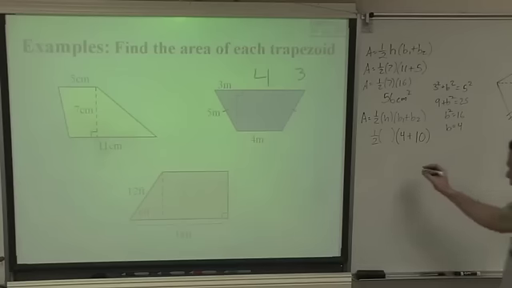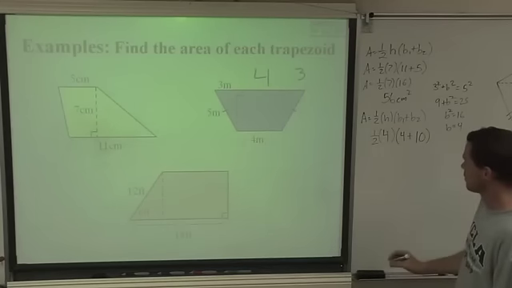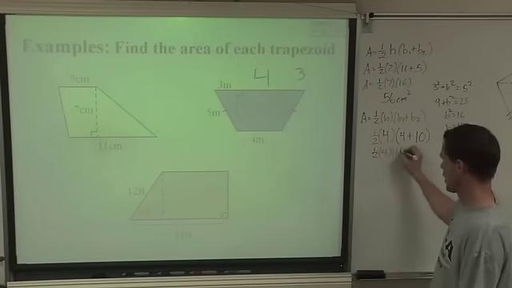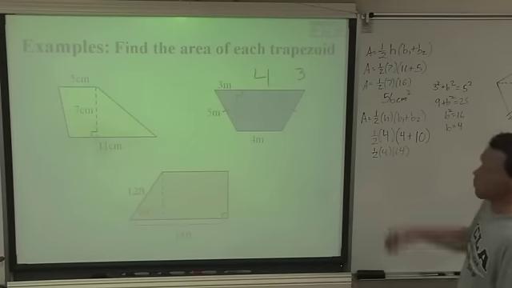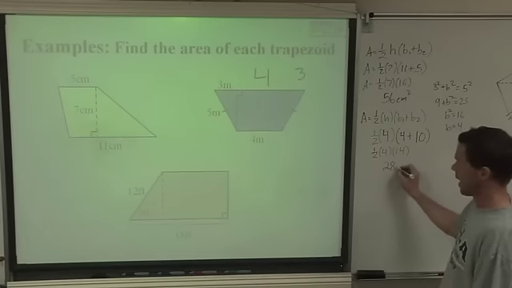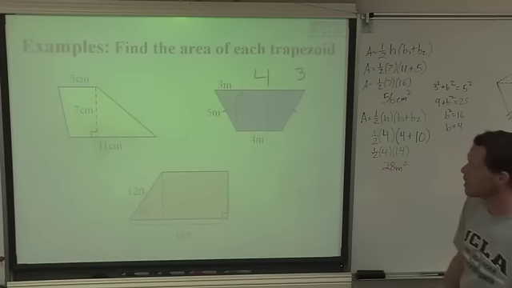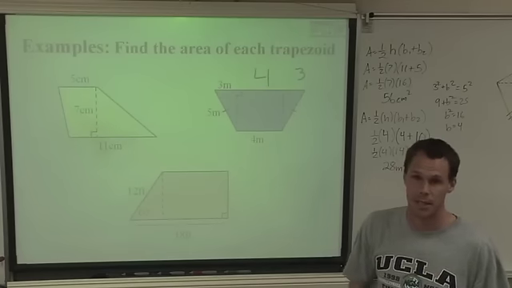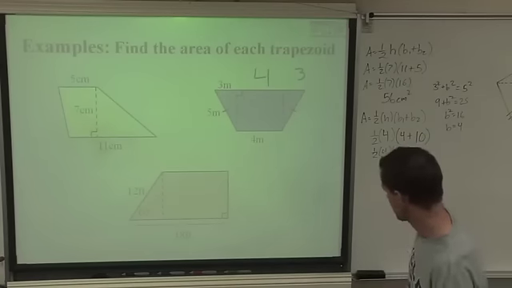So we now have our height, 4. So I have 1/2 of 4 times 14. Half of 4 is 2. 2 times 14 is going to be 28 meters squared. So there's our second example, using the Pythagorean theorem to find the missing part.